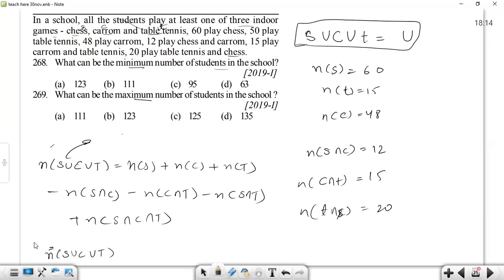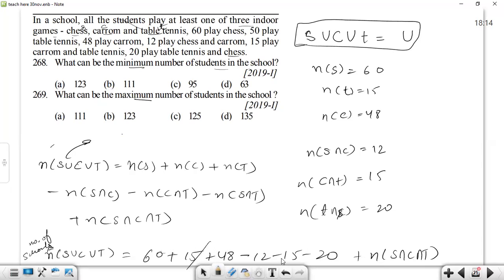So these are the number of school students. n of S is 60 plus 15 plus 48 minus 12 minus 15 minus 20 plus one thing which we do not know. Have I made any mistake? Oh, okay. Yes, 50 played table tennis and I have written 15 only. So 15 should be 50 over here.